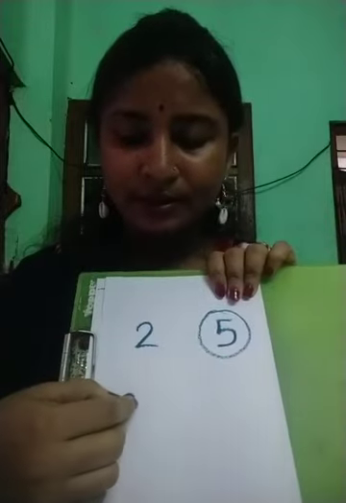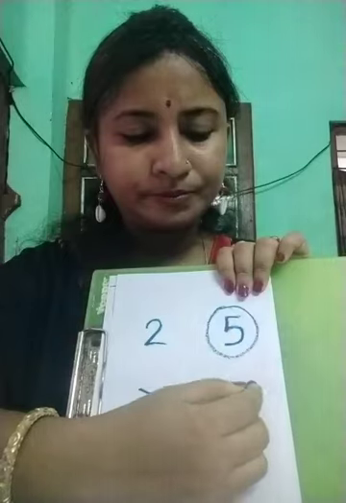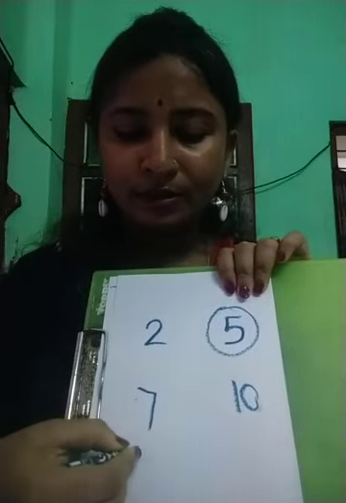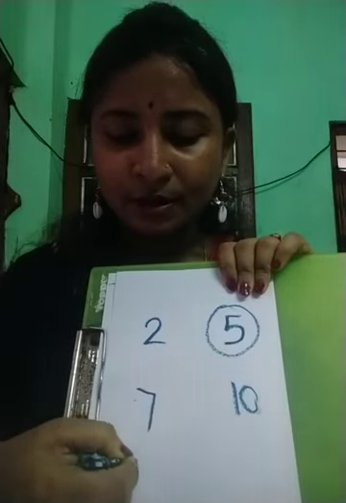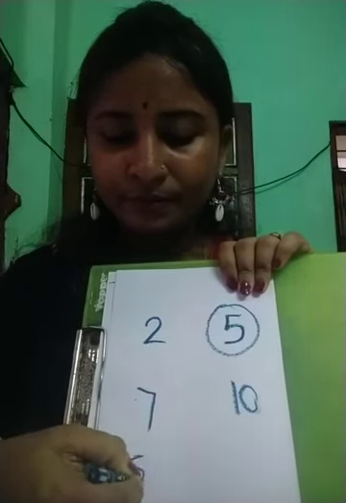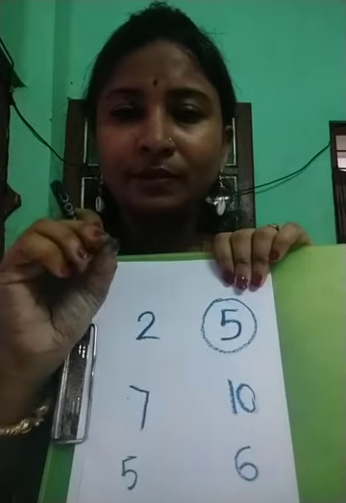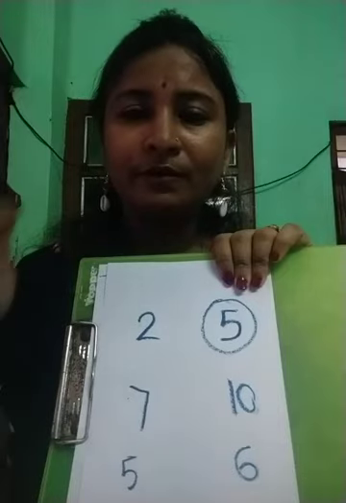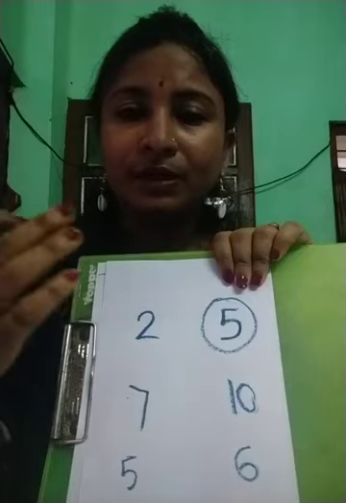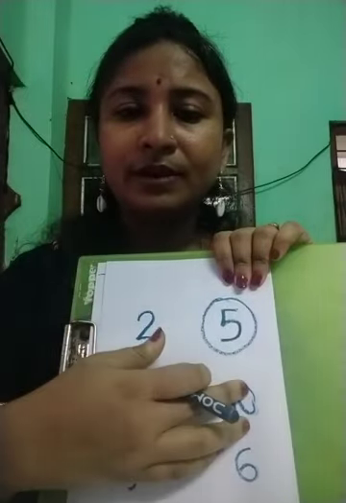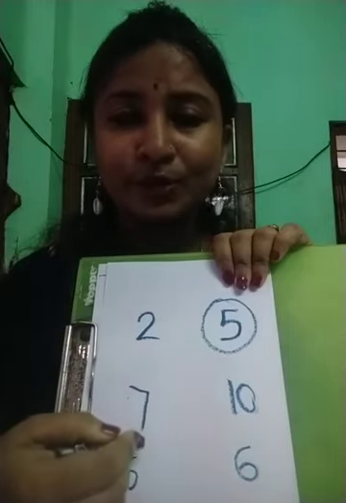Then we will ask the child to do more activity, that is 7 and 10, isn't it? Then we will give like this, 5 and 6. So initially we will give the long gap ones, 2 or 7, 2 or 9, like this, and then we will come closer, like 7 or 10, and then we will come just to numbers like 20 and 21.